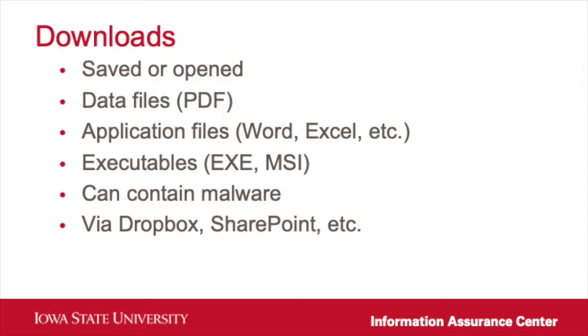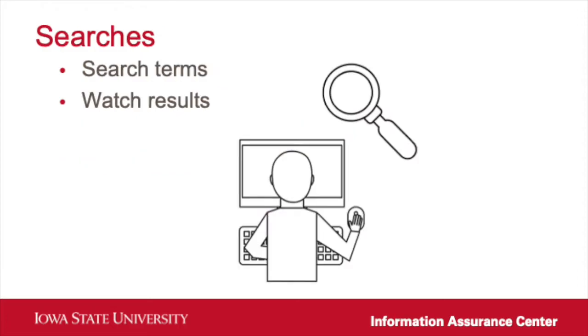A big piece of what most people do on the internet is searches. Google is synonymous with searches, although there are several other search engines out there, and they pretty much are the same. Some security or privacy issues that come up with searches are, first of all, we want to be a little careful about what we type in the search bar. Some of this is just to help us refine what we're actually looking for. Broad search terms will get you a lot of hits, which may be somewhat meaningless.